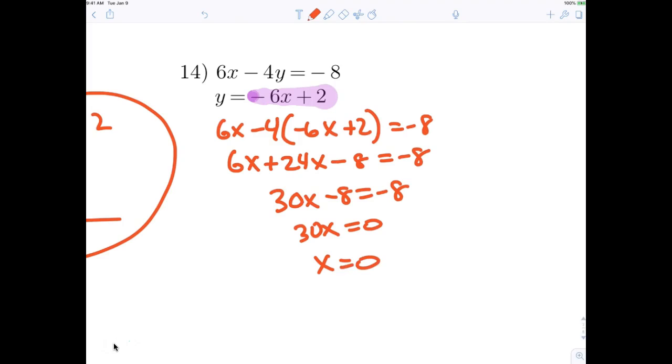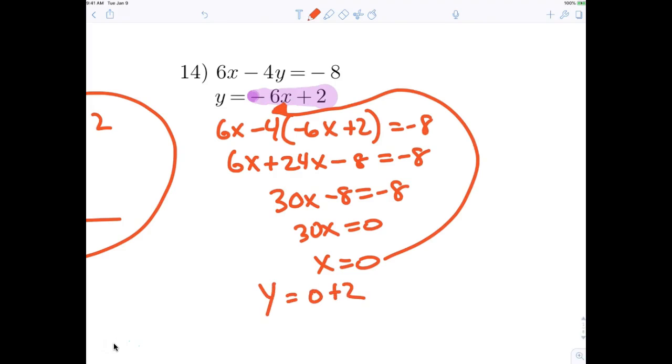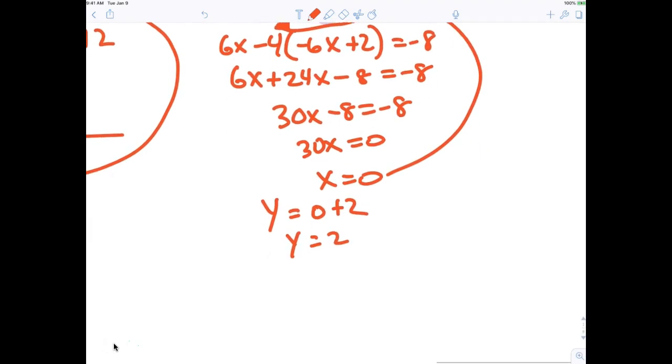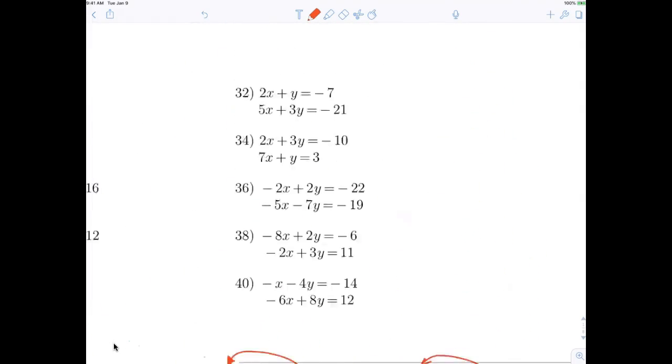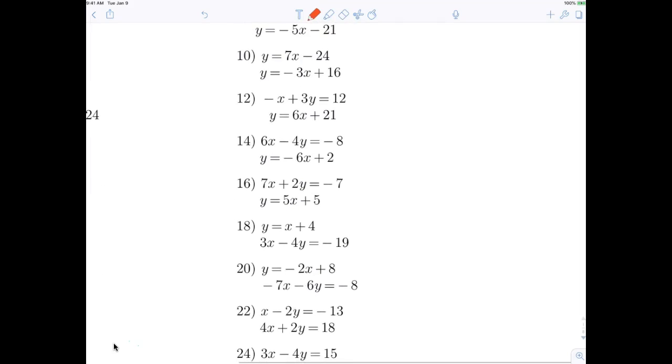Everybody get x equals 0? Right? Now, if x is equal to 0, just plug it in. So y equals 0 plus 2. Y equals 2. So my answer is 0 comma 2. Come on, guys. It's not that hard. All right. What number was that? 14. All right. Let's see if we can get something harder, hopefully.